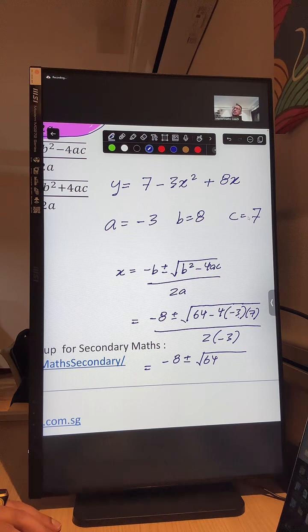Wait, hold on. 4 times 3 is 12. 12 times... okay, my buddy has just shared the calculator with me. I'm doing this with a calculator now. Sorry, 84. So plus 84.